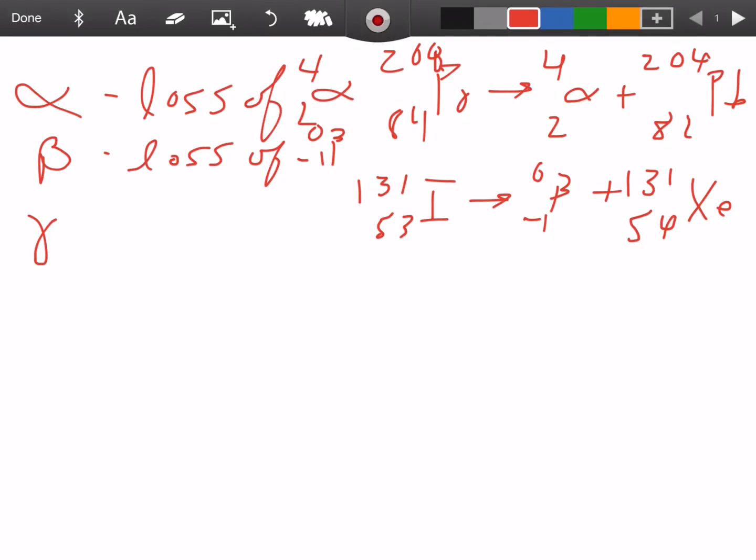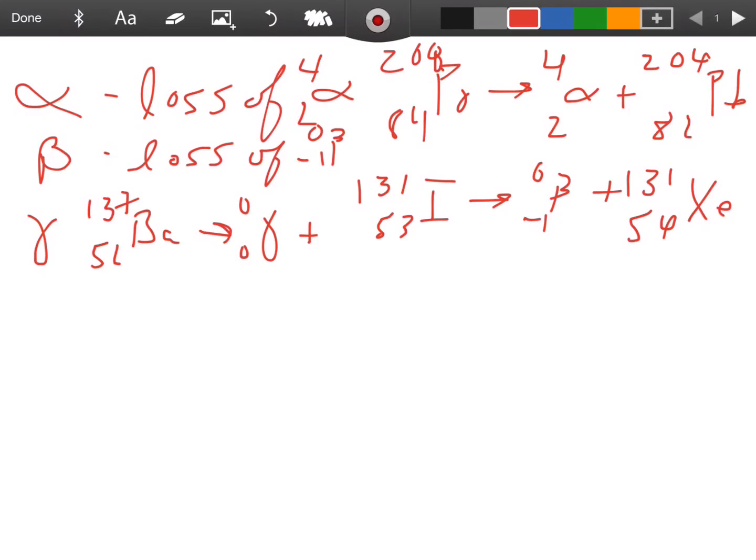We can also get gamma decay. An example of that might be something like barium-137, and barium has an atomic number of 56. But if you recall, a gamma particle has 0 and 0, so 0 mass and 0 charge.